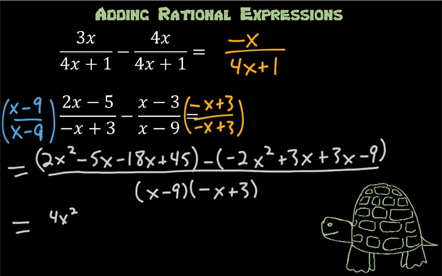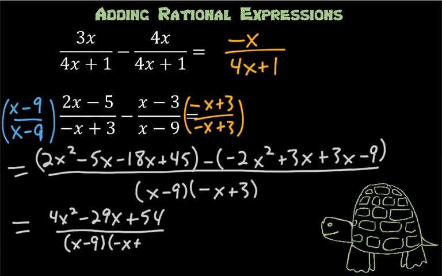So negative 23 minus 6 is negative 29x. And finally, 45 minus negative 9 is going to be 45 plus 9, which will be 54. All of that is over the quantity x minus 9 times the quantity negative x plus 3.